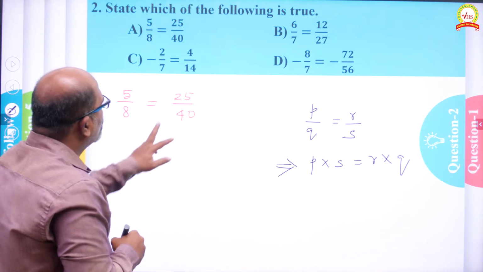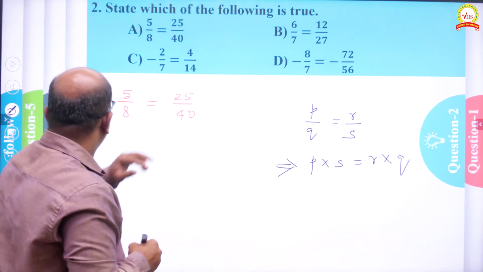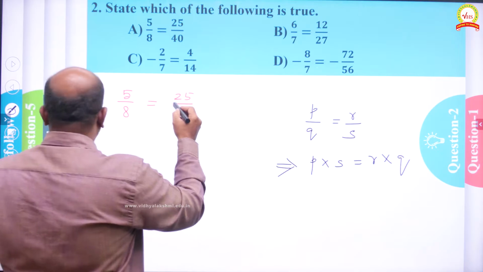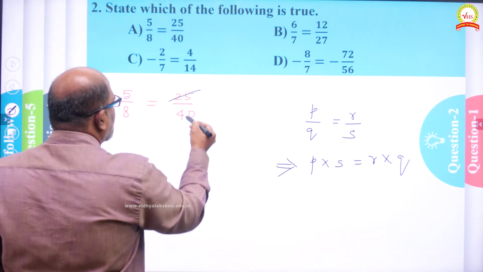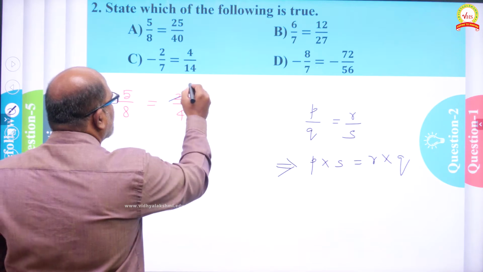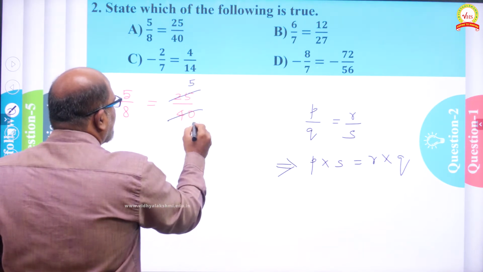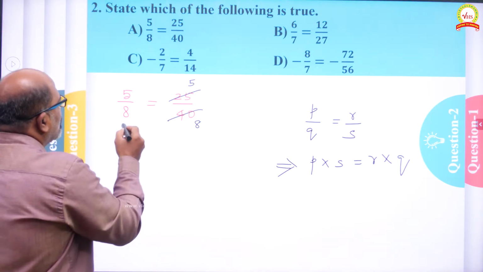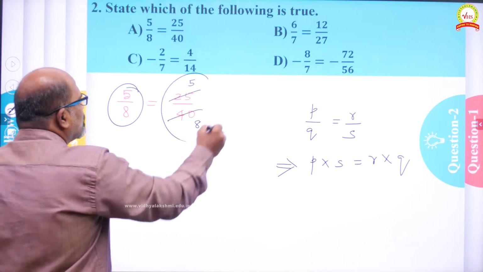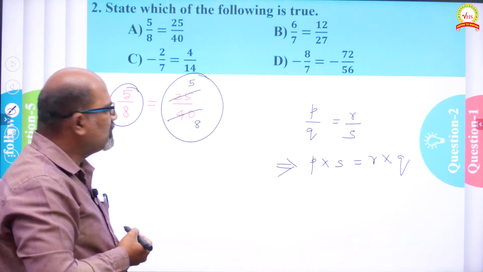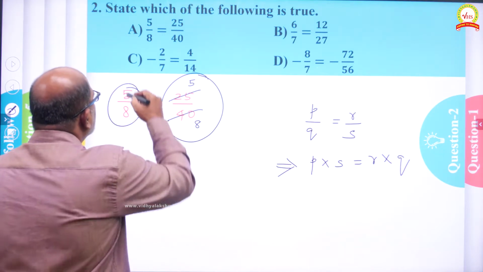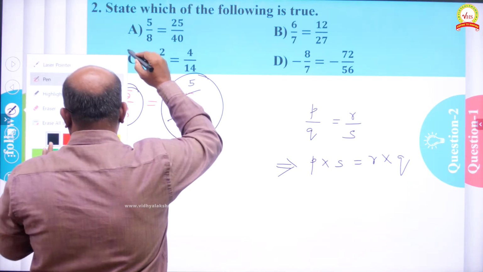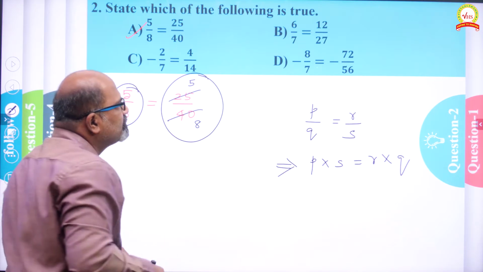I do not want to make cross multiplication because it would be easy to make cancellation here. See, 5 is the common factor between the numerator and denominator. So, 5 5s are 25 and 5 8s are 40. So, this is also 5 by 8, and this is also 5 by 8 after cancellation. So, these two are equal. Unexpectedly, in option A itself we are getting the answer. So, A must be the correct answer.